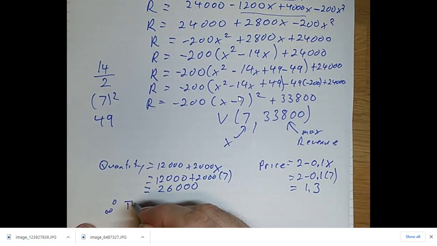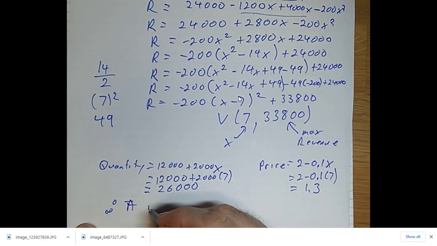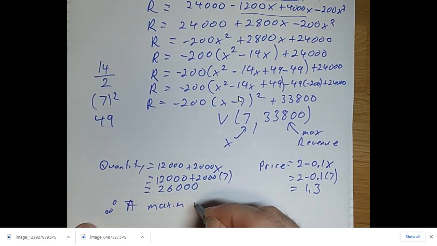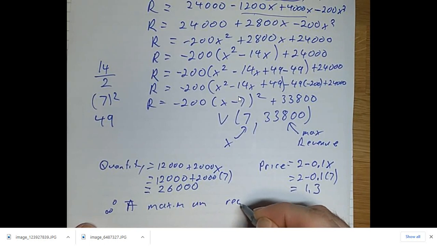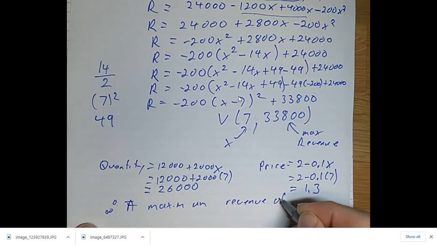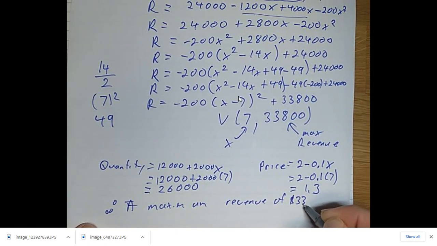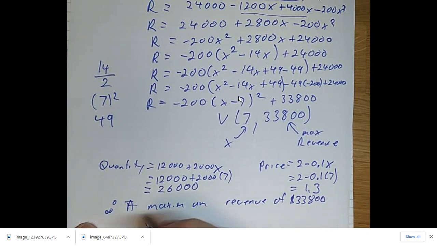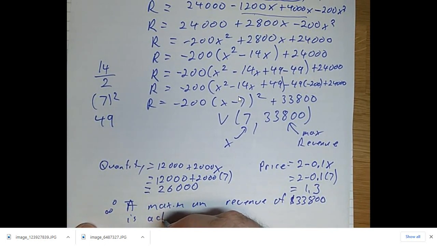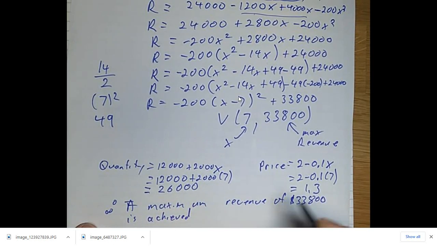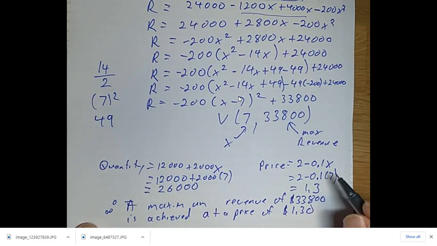Therefore, a maximum revenue of $33,800 is achieved at a price of $1.40. At a price of $1.30, not $1.40, $1.30, maximum revenue.